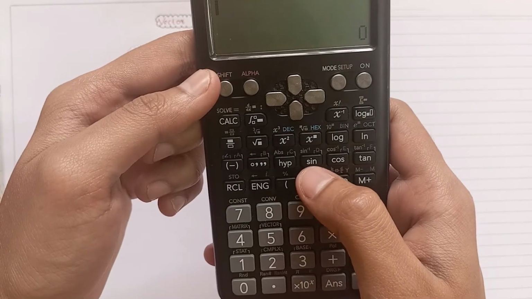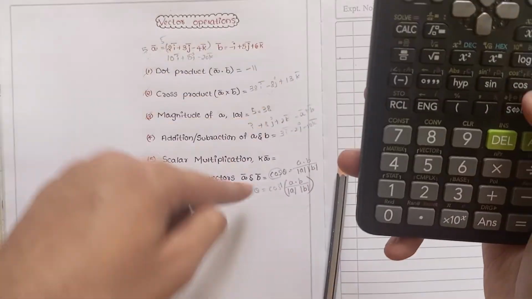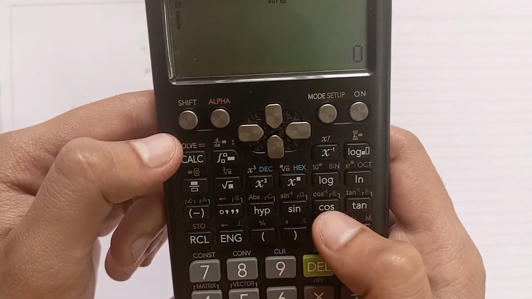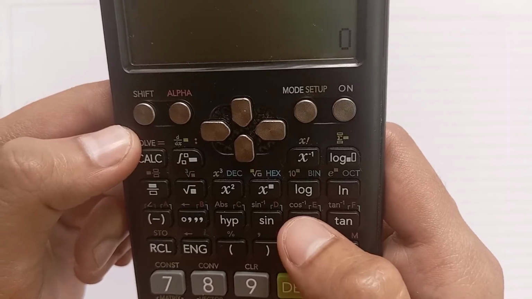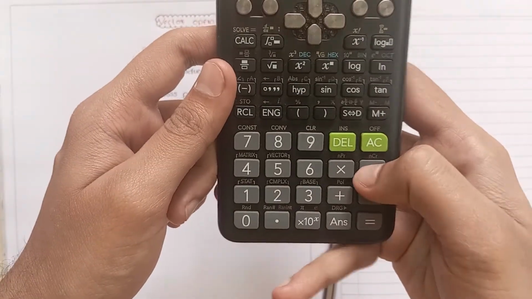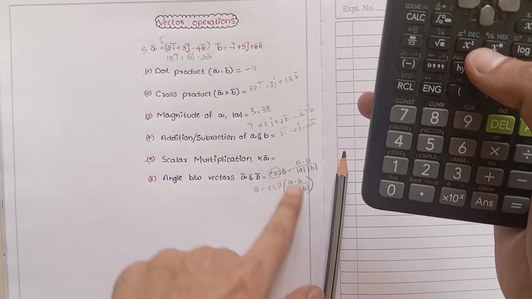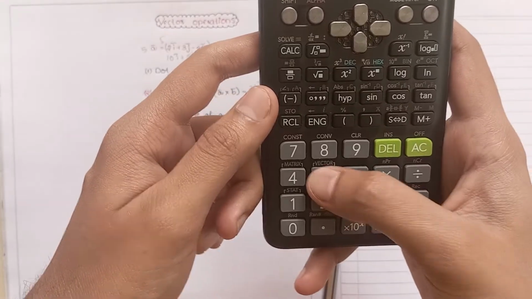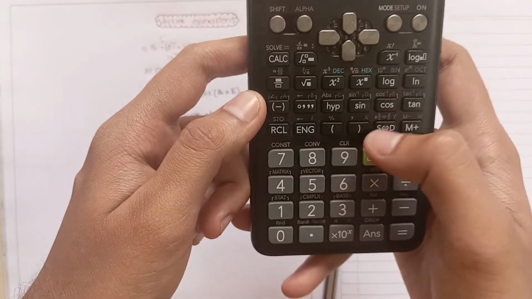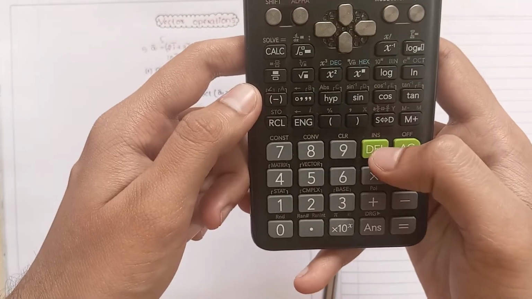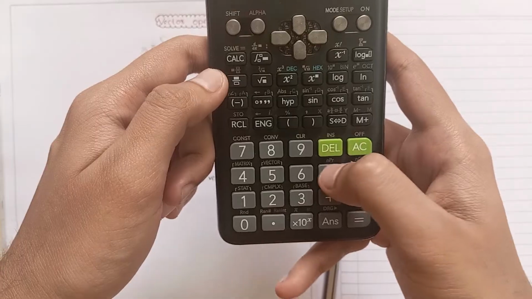Here we have only sin, cos, tan, we don't have inverse. So for that we will press shift and again cos, which gives cos inverse. You see here, cos inverse. What is a dot b? We already calculated that: minus 11, divided by magnitude of a, which is 5.38, into magnitude of b.